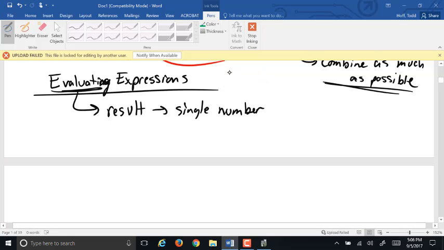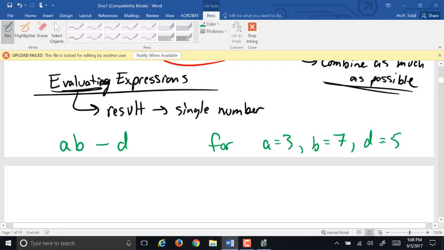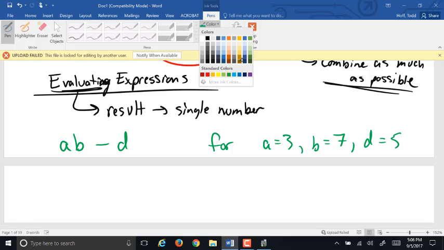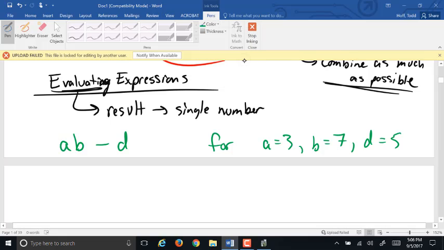So when we're asked to evaluate expressions, we might be given something like AB minus D for A equals 3, B equals 7, and D equals 5. So literally evaluate means give value to. So we're going to use these values for the variables.